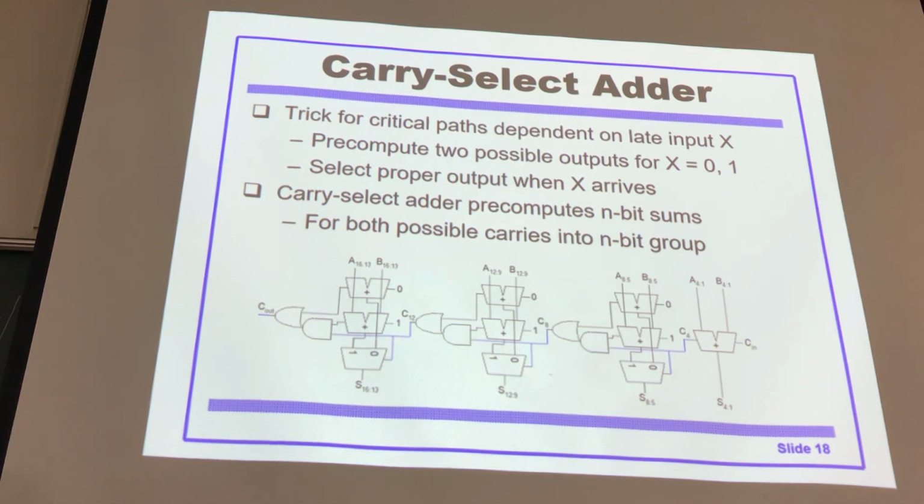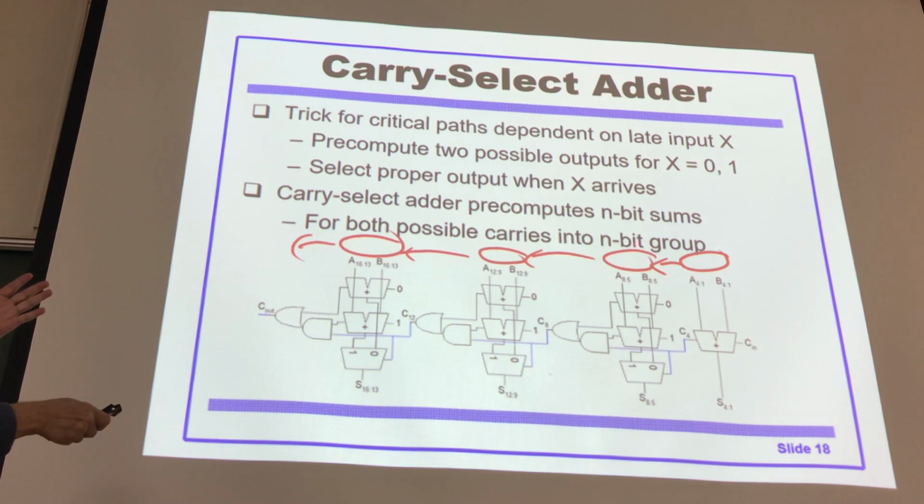In the beginning, you really don't know the carry is 0 or 1, right? For the first 4 bit group for the addition, we still don't know the carry, right?